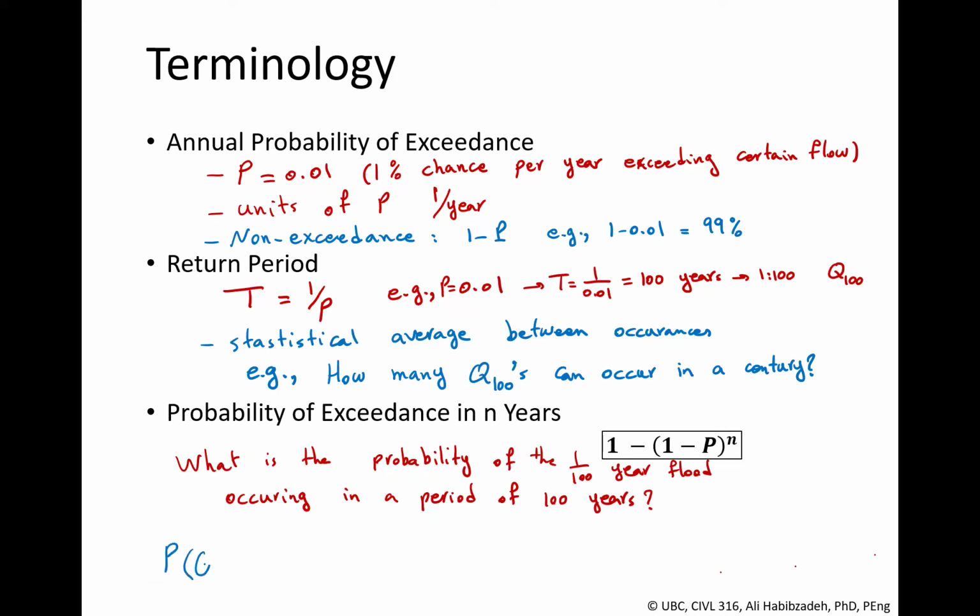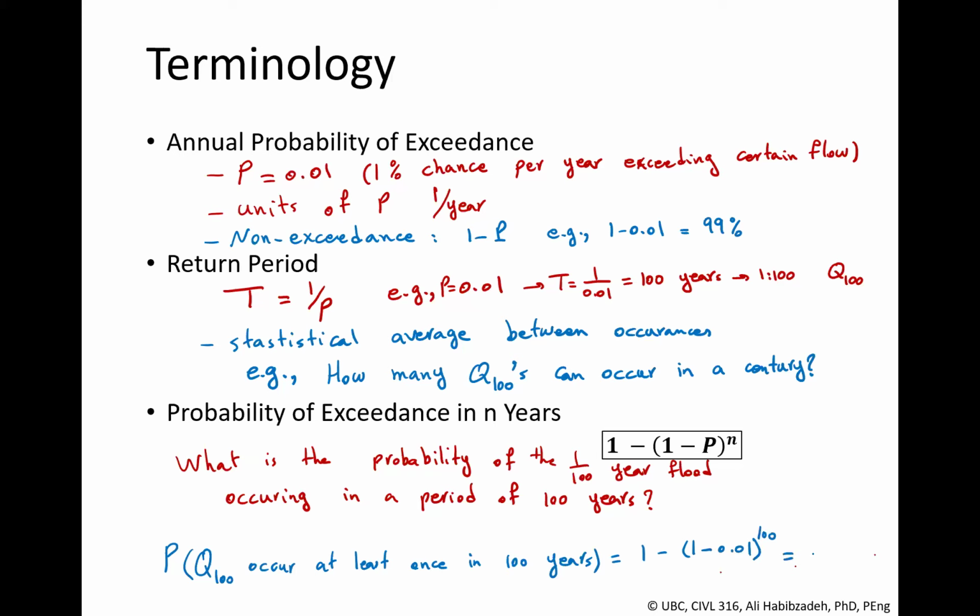Probability of Q100 to occur at least once in 100 years is equal to 1 minus 1% raised to 100.